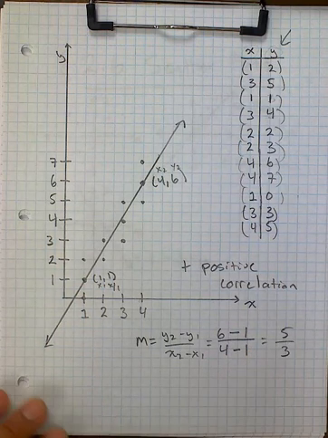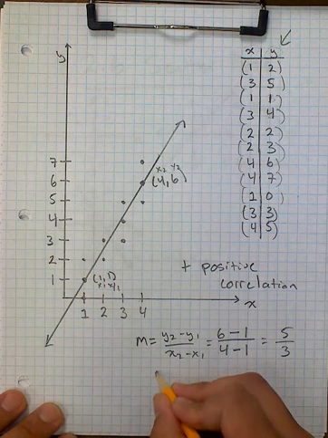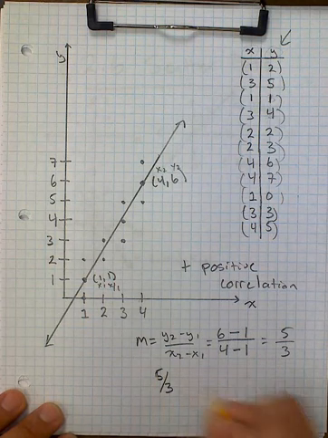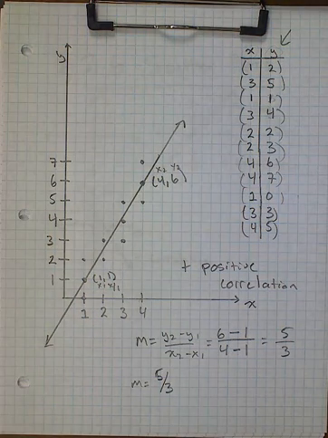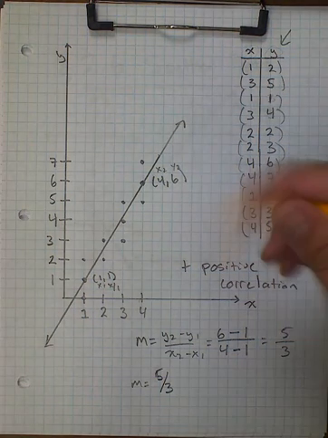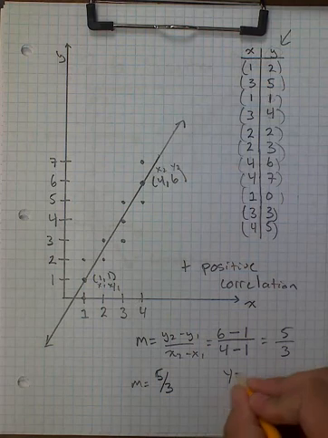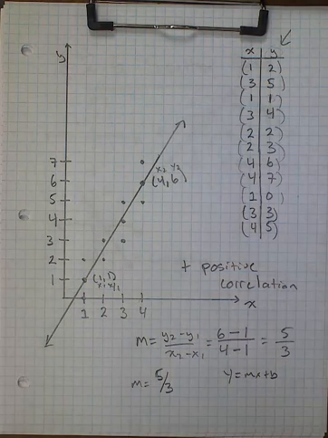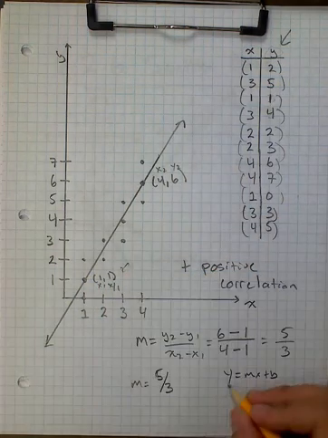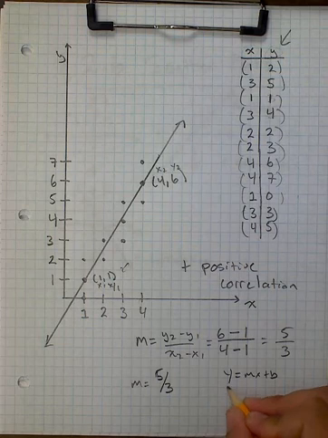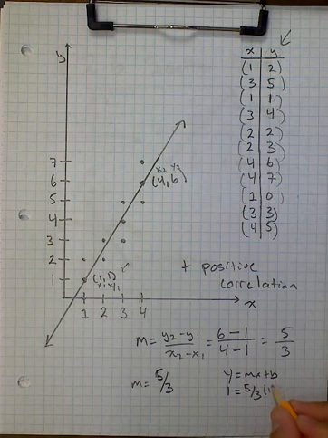So I get a slope of 5 over 3. Then if I wanted to write the equation of the line, what I would do is substitute this slope into y equals mx plus b, the slope-intercept form for a linear equation, and I'll use one of the data points, so I'll use 1, 1. y is equal to 1, m is equal to 5/3, and x is equal to 1, plus b.